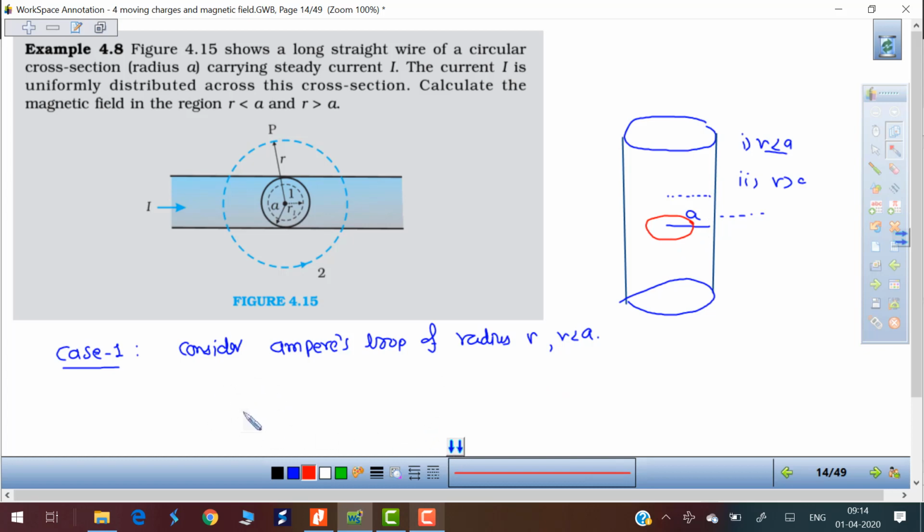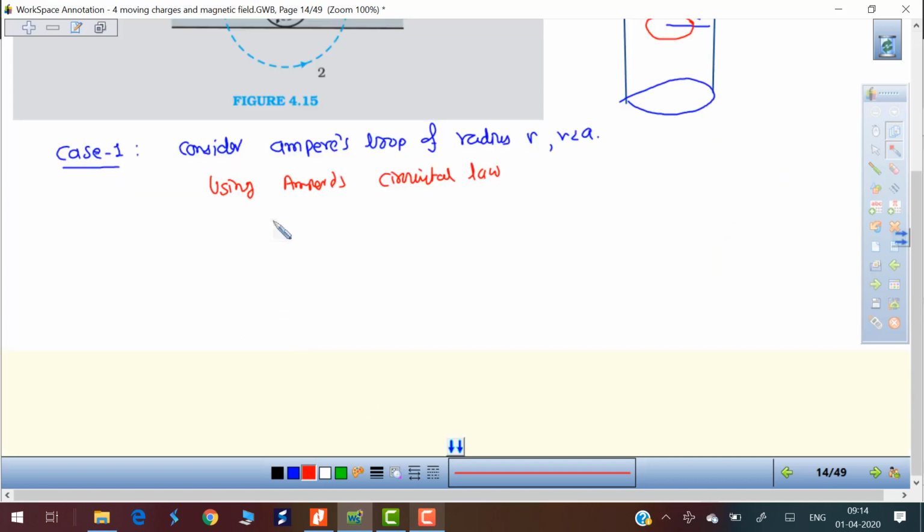Using Ampere's circuital law, what can we write? Integration B dot dl is equal to mu 0 into sigma I, for a given loop.